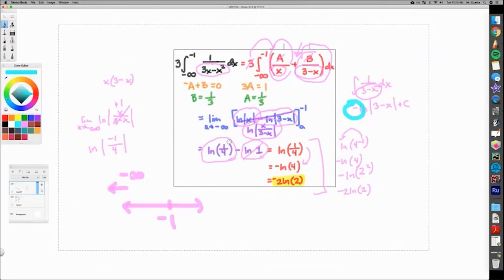But it has to be negative. Oh, wait, no, hold on. ln4 would be wrong. How did you get ln4? Did you get ln of 1/4? I didn't even get that far. Oh, okay, sorry. Yeah, if you got negative ln4, then you're fine. Or if you got ln of 1/4, some people wrote it that way, that's fine too. Any of those. I feel like I'm not answering your question. No, it's fine. I understand it now.